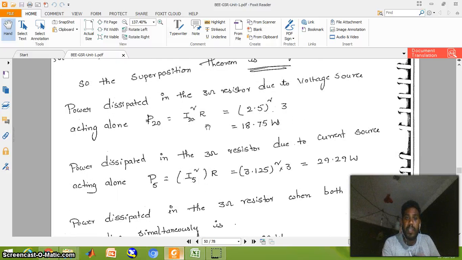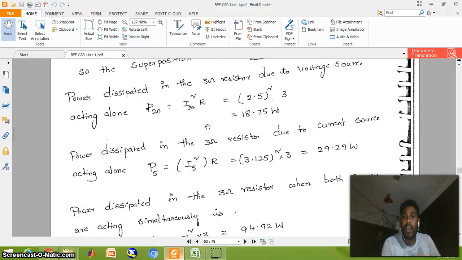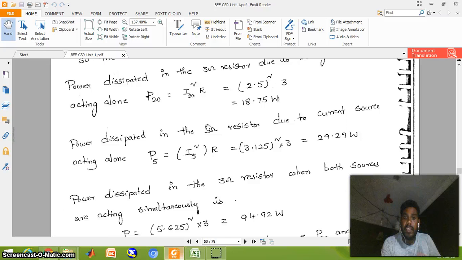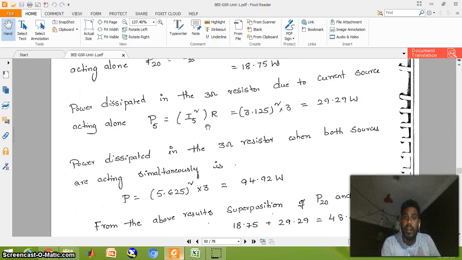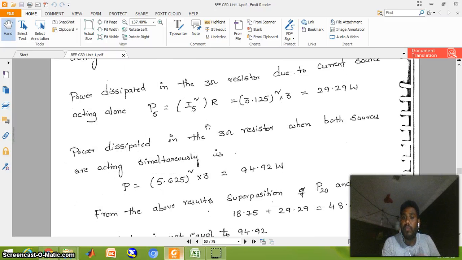But the power dissipated in the 3 ohm resistor is equal to I squared into R, 2.5 whole squared into 3, which is equal to 18.75. The power dissipated in the 3 ohm resistor due to the current source is I2 squared into R, that is 3.125 whole squared into 3, which is equal to 29.29.